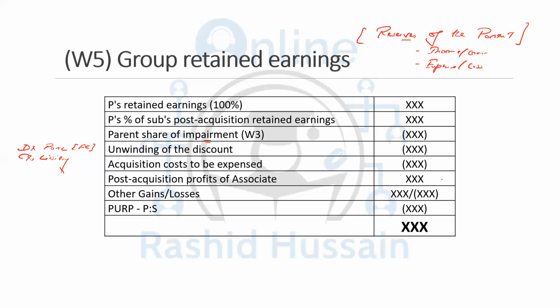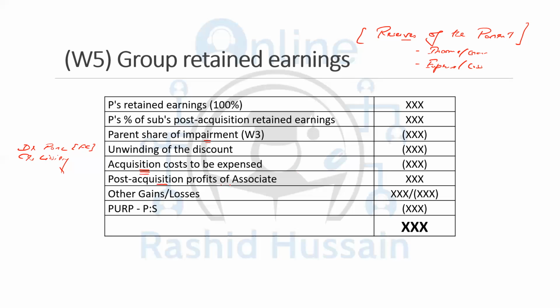Then we have the acquisition cost to be expensed. This is the due diligence fee, which the parent has spent in order to analyze the acquisition decision. So any acquisition cost should be expensed out.